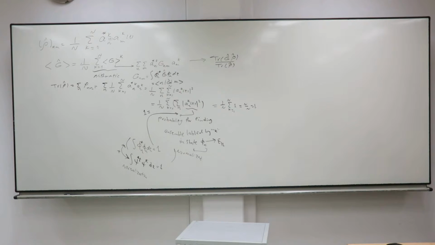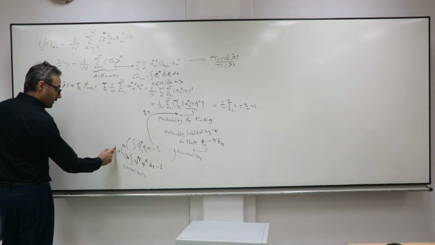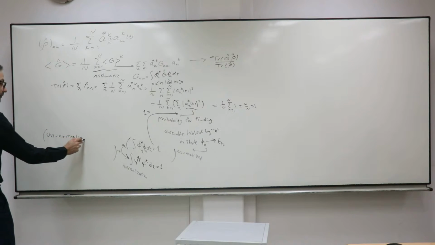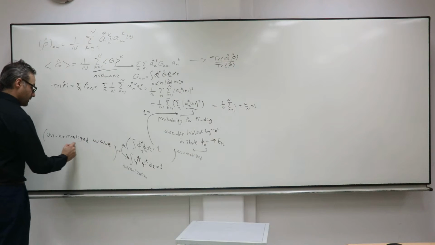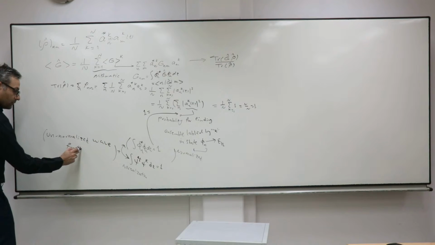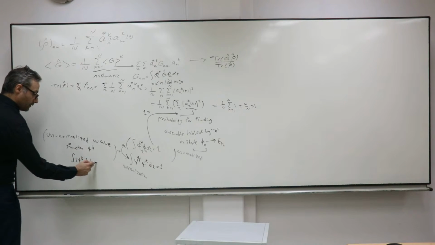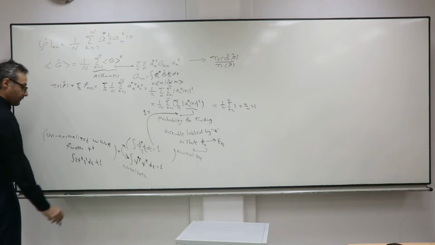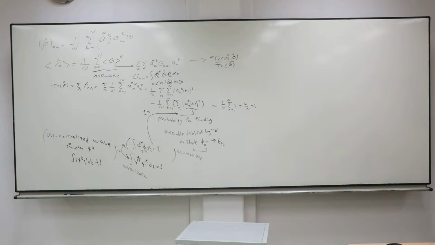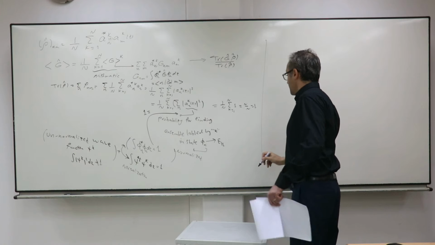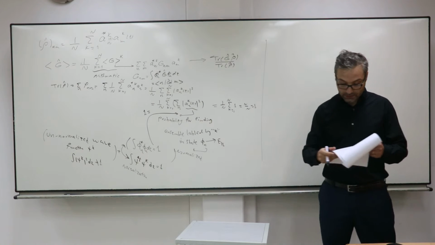But in general, as I told you, you can have unnormalized wave functions, where the integral of psi squared is not equal to 1. In this case you need to keep the trace of rho. So we keep the trace of rho, so that's more safe.